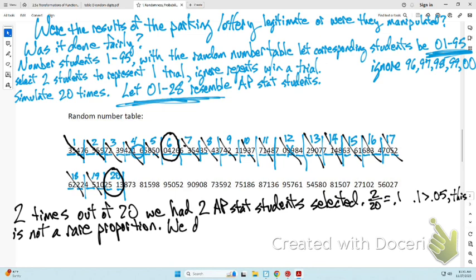We do not think the lottery was manipulated.